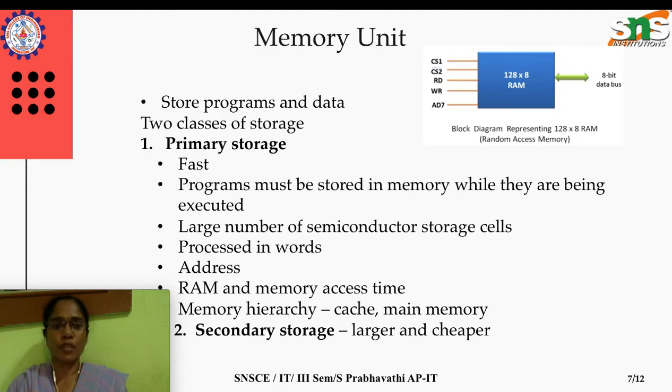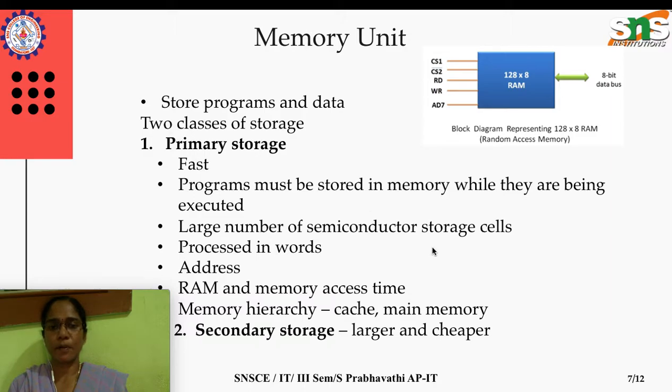To store information permanently in the computer system, there comes the secondary storage device. Its storage capacity is very large, but of course the speed of the secondary device is very low. Even when we switch off the computer system, the information present in a secondary device like the hard disk will be stored permanently. Coming to primary memory, as I said, it is fast and a program must be stored in memory while processing.